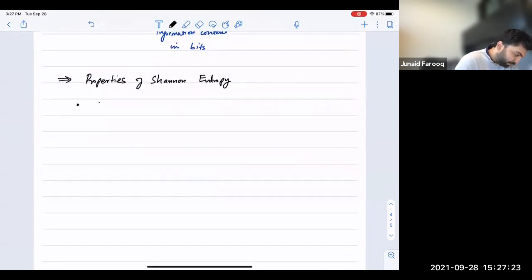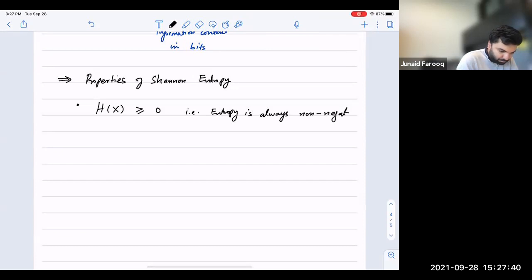So first thing, the H of X is actually non-negative. So if someone comes up to you and tells you the entropy is minus 0.5, that's absolutely not true.